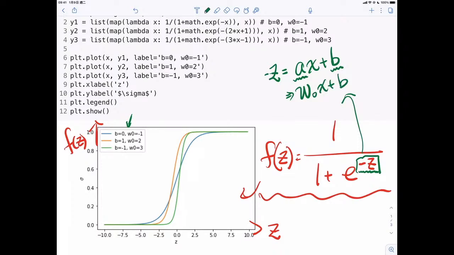If w0 is -1, it looks like this one. If w0 is 2, it is right here, and this is w0 equal to 3. So by adjusting the values of a and b, which are w0 and b, you can fine-tune this shape.